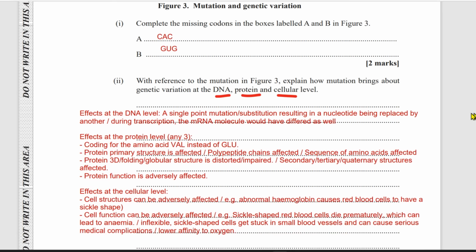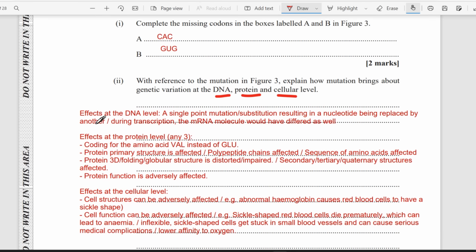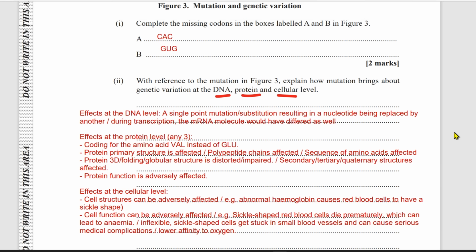So we had a single point mutation or substitution, a nucleotide being replaced by another. Transcription, the building of the mRNA molecule, would have been different as well. Again, the blueprint changed. So that's at the DNA level, the lowest level.